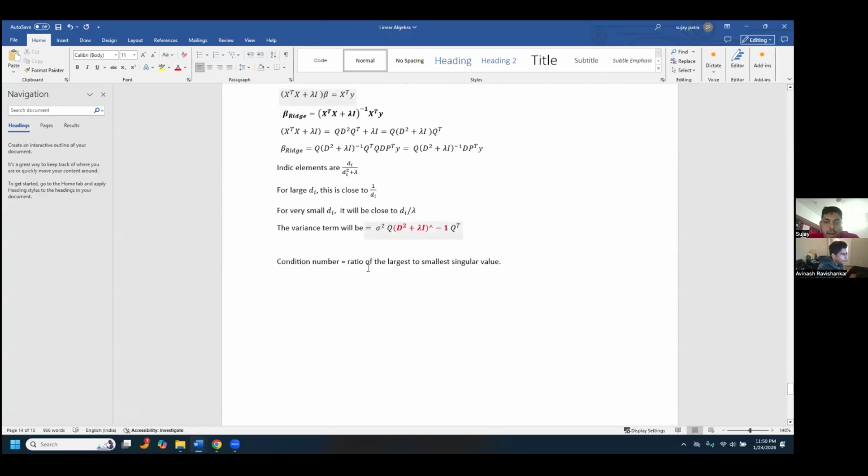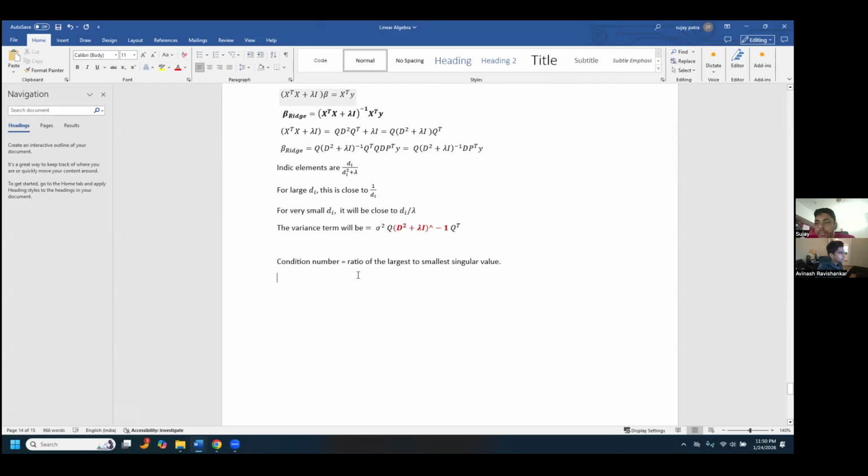And actually check this algebra. This might be slightly different, but this is the main term, and there might be some extra smaller terms. I'll check that later. But the idea is that we are making the very small diagonal elements larger.